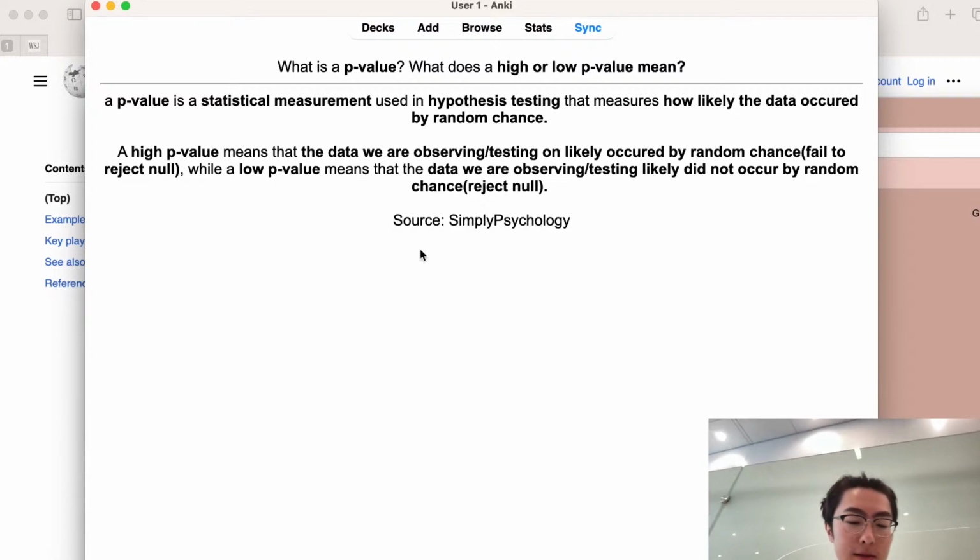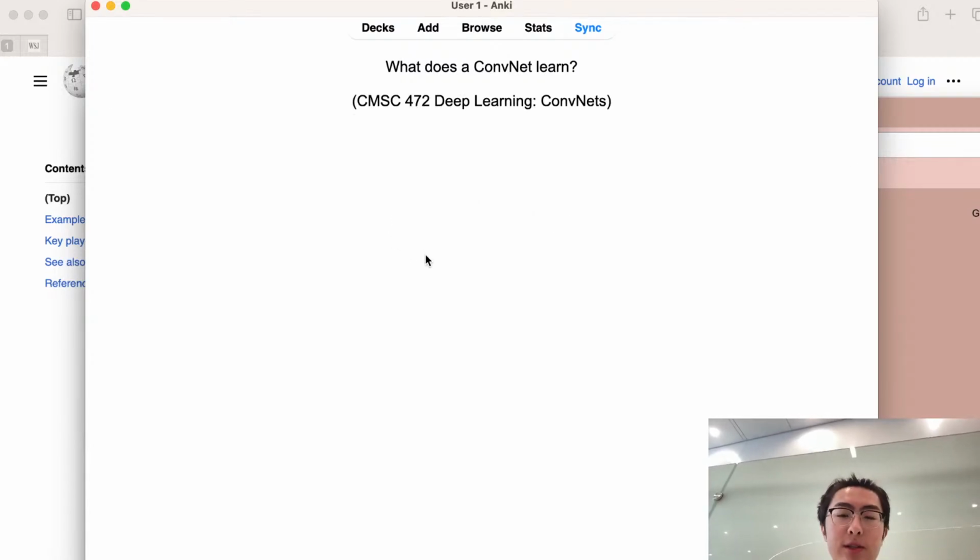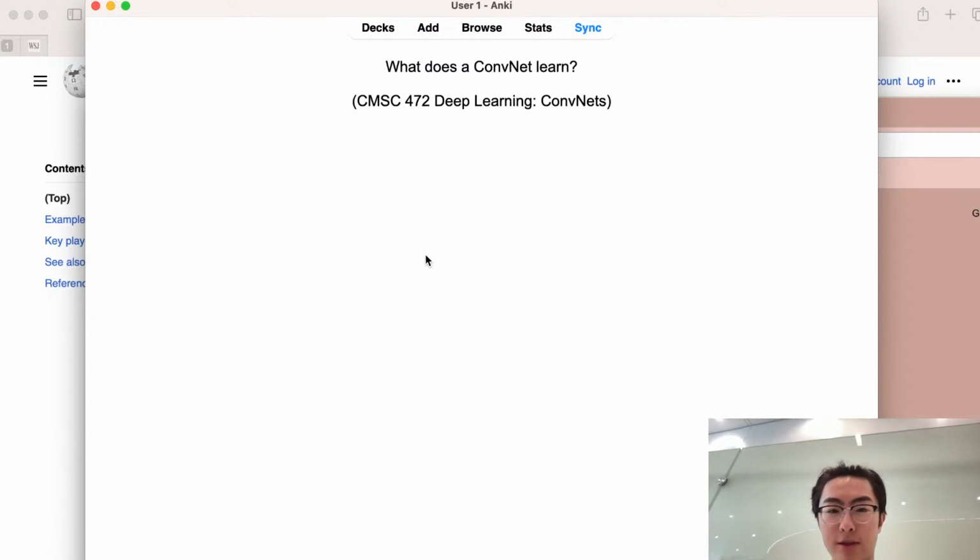Okay, yeah, I'll take that. What does a convnet learn? All right, I'll just answer this too. So a convnet learns a filter. These are the kernels that get applied for each convolutional layer, and all it does is it takes the dot product between, let's say, a 3x3 filter and a 3x3 area of the image or the input.